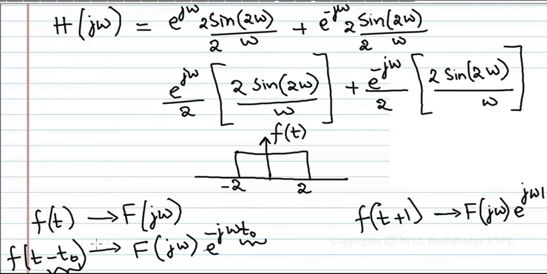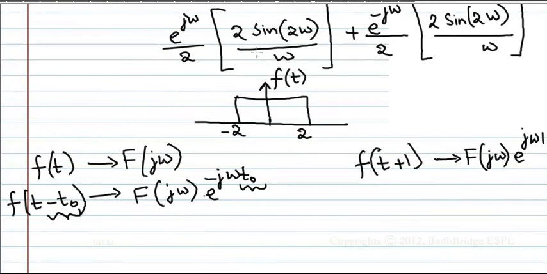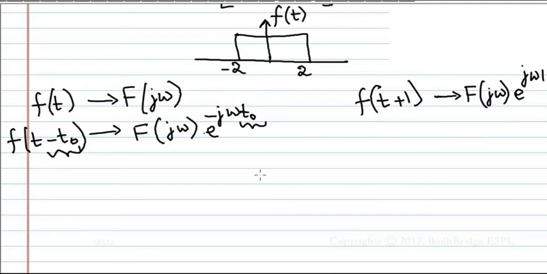Whatever be there, minus t naught, therefore minus t naught we got F of j omega. So what can I write here? This is shifted f of t plus 1. F of t is given, f of t plus 1 is shifting by one side. Therefore f of t plus 1 I will draw here.